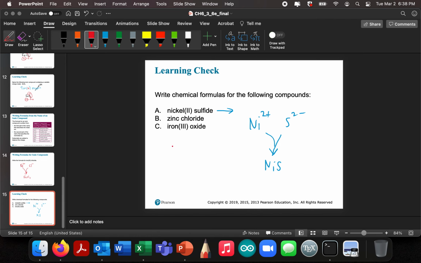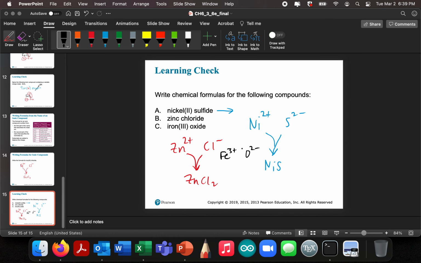Okay, zinc chloride. Now zinc, I've got that memorized, is always 2 plus. And chloride is always 1 minus. And so it looks like it's going to take 2 of these to match up with that 2 plus. So it's going to be ZnCl2. Okay, and let's do iron 3 oxide now. Iron 3 plus, and oxide's always 2 minus.